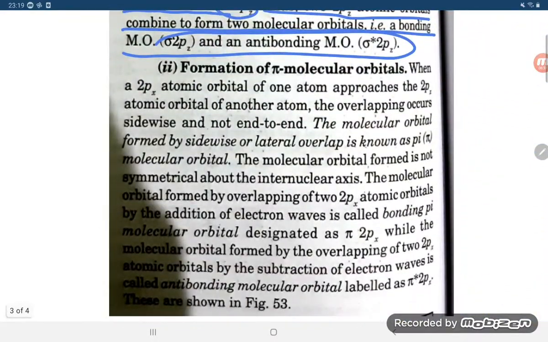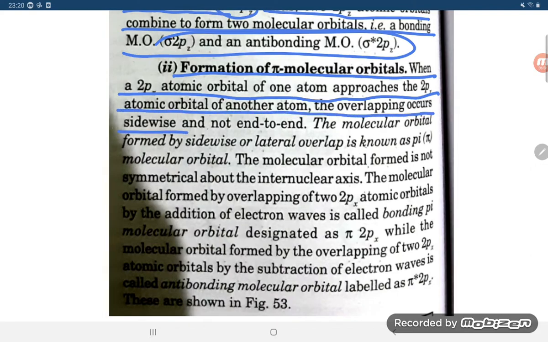Now let us move to the other side: formation of the pi molecular orbital. When a 2px atomic orbital of one atom approaches the 2px atomic orbital of another atom, the overlapping occurs sideways and not end to end. The molecular orbital formed by sideways or lateral overlap is known as a pi molecular orbital.